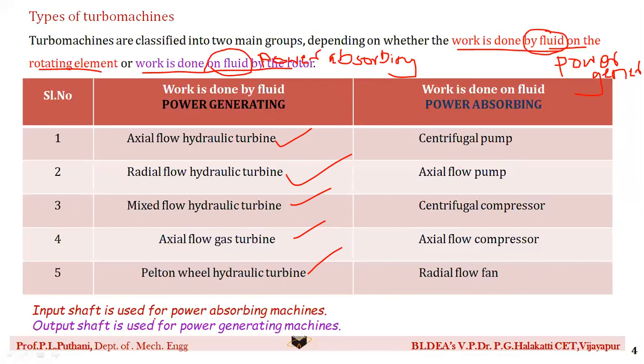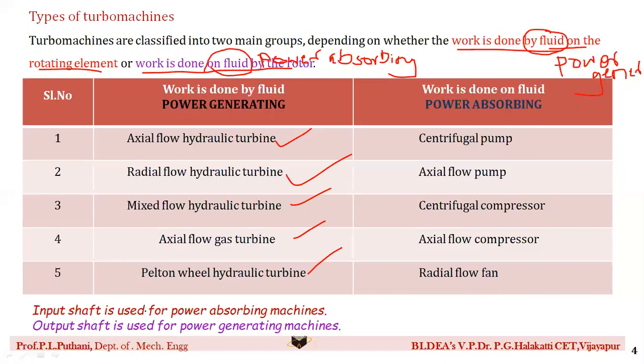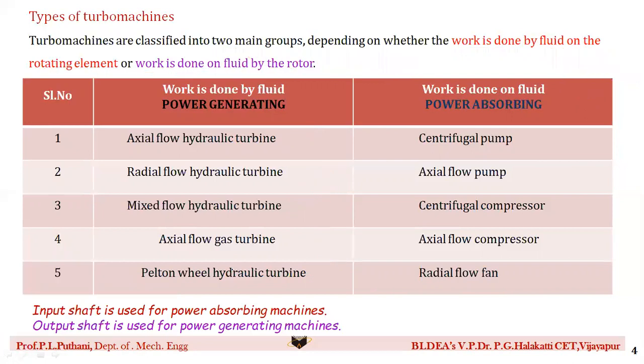Another important thing is, for a power absorbing machine we use an input shaft, which means work is transferred into the machine, whereas for power generating machines we prefer an output shaft. This is the discussion regarding the types of turbo machines.